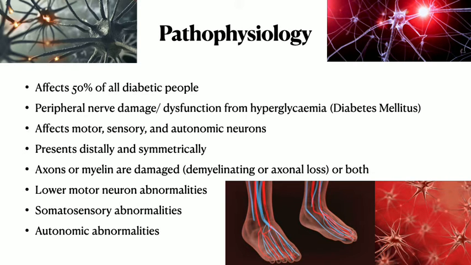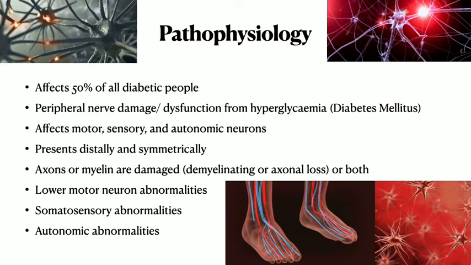Okay, looking at the pathophysiology of diabetic polyneuropathy, we know that it involves many nerves. It is the most common type of distal symmetric sensorimotor polyneuropathy and a frequent complication of both type 1 and type 2 diabetes. We know that it involves injury to somatic sensory, motor nerves, and autonomic nerves, where all sizes of sensory axons and myelin are damaged.